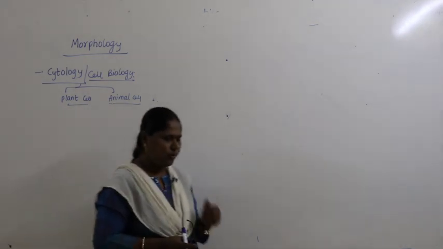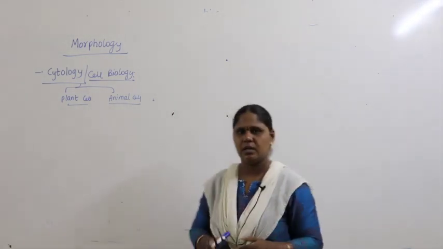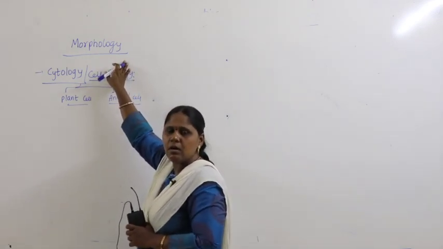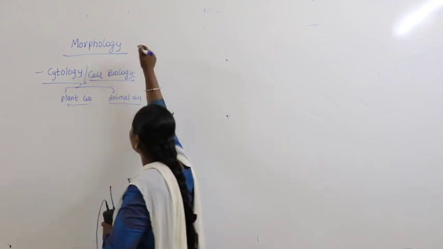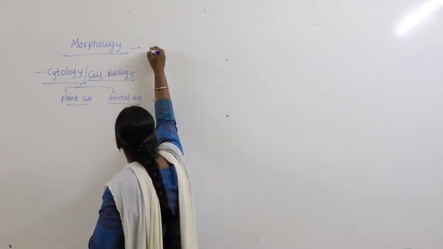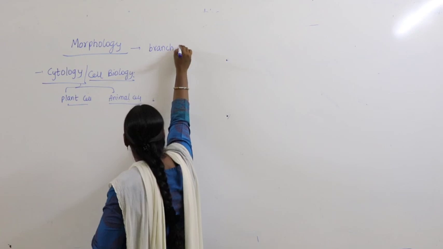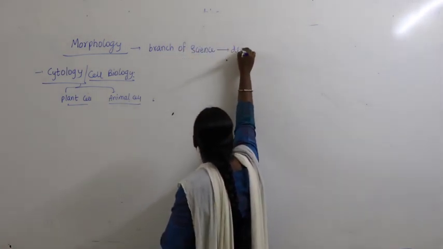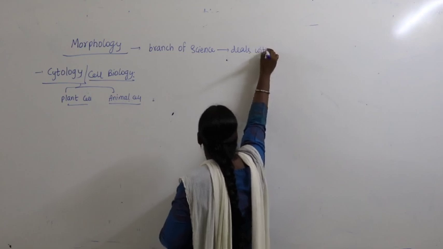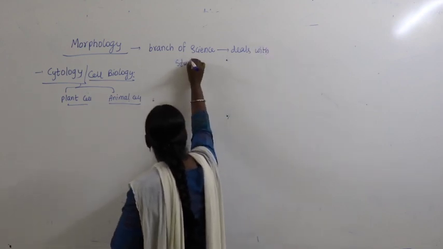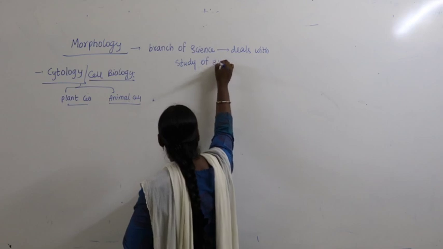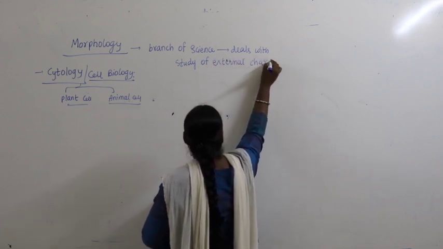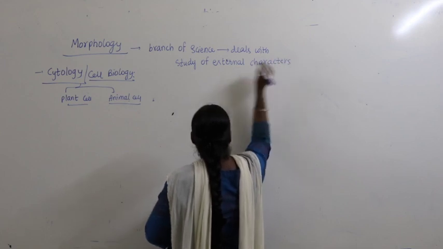Similarly, importantly in the basic part of study we have what is called morphology. So what is morphology? It's a branch of science which deals with the study of external characters of the plant.